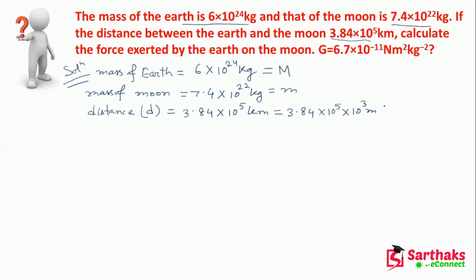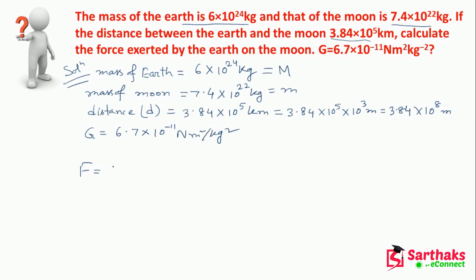So 10 to the power 3 meter, that means 3.84 into 10 to the power 8 meter. Fine. And another thing has been given, G, that is 6.7 into 10 to the power minus 11 Newton meter square per kg square. And we have to find out the force.